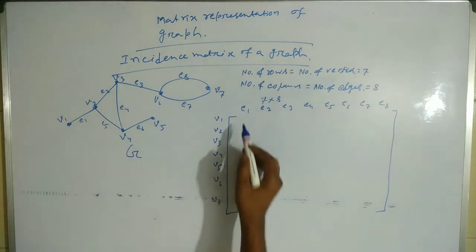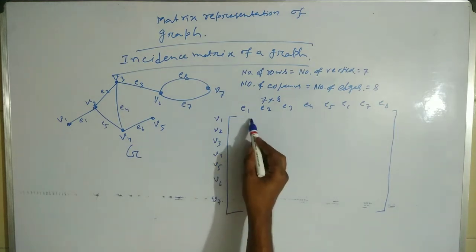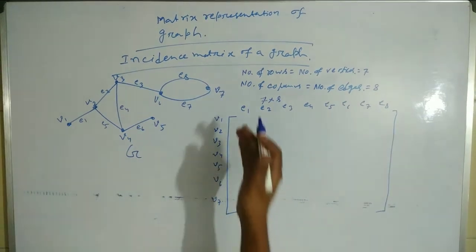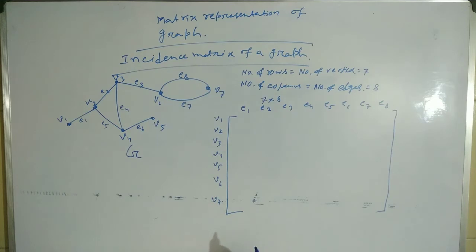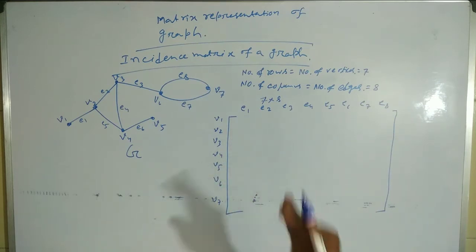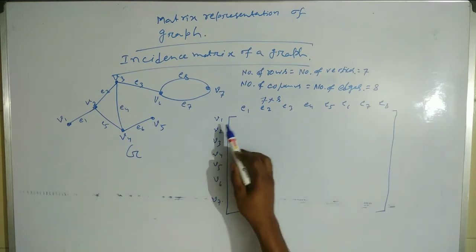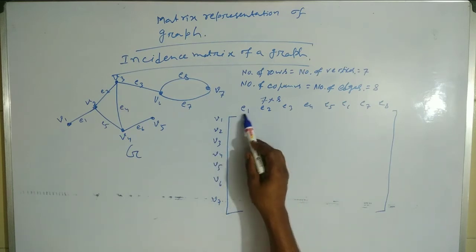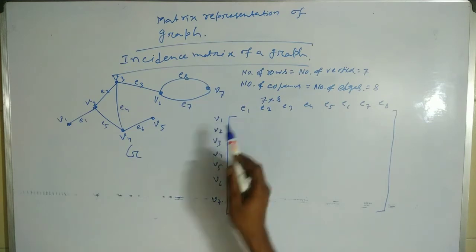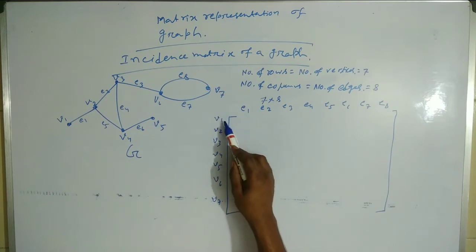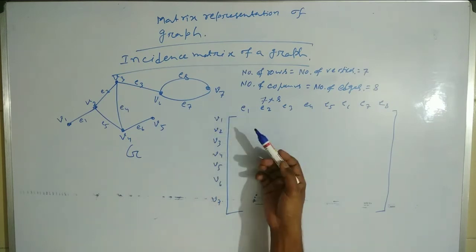First, if we consider this element, that is A11, first row and first column, A11. Now you have to see which vertex and which edge this element is connected with. Now see that this is E1, this is V1. Now you have to see in the graph whether E1 is adjacent with V1 or not.